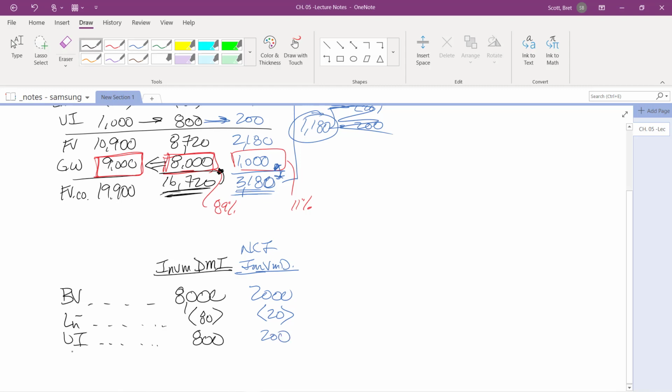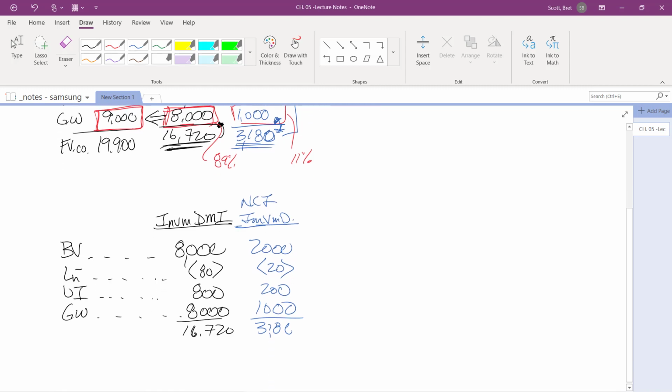And then finally, we have goodwill, which is based on what we paid, 8 million, and for NCI, based on what they value their investment, it's got to be $1 million. You can double check those numbers and make sure 16,720 is what I have for the balance here, and I have 3,180 right there.